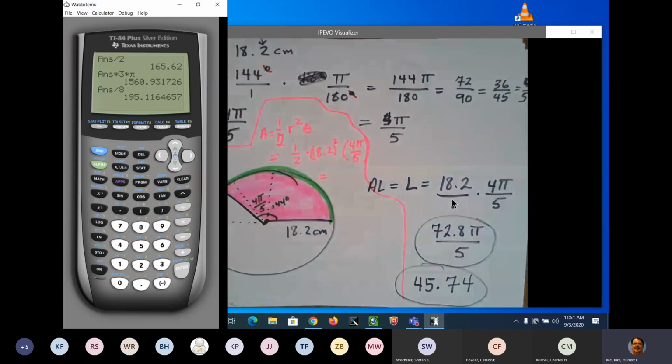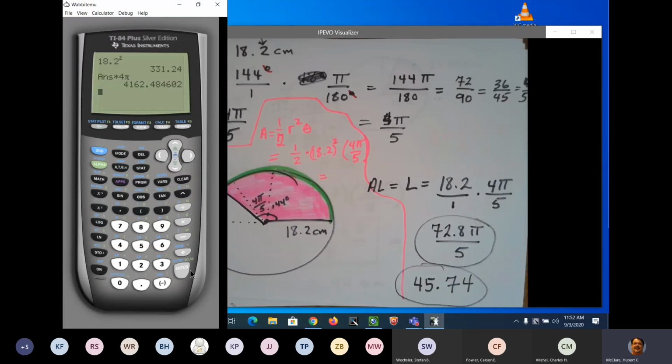So I'm going to just do it all the way across. I'm going to take 18.2 and I'm going to square it. And I'm going to multiply it by 4 pi. And that's going to give me a big number on top.